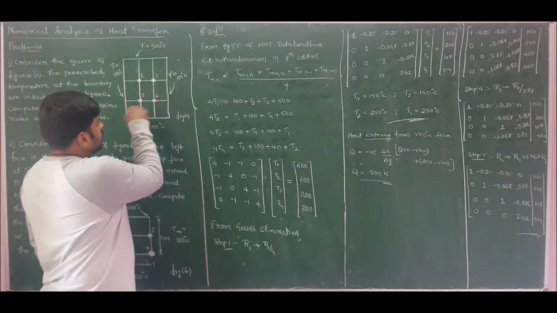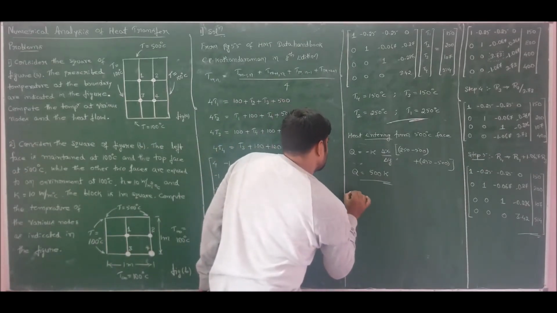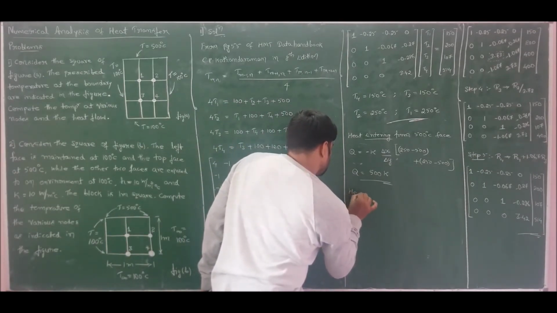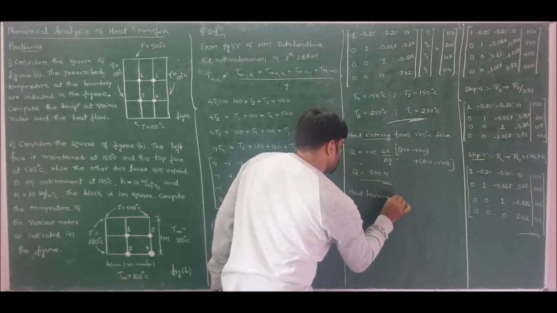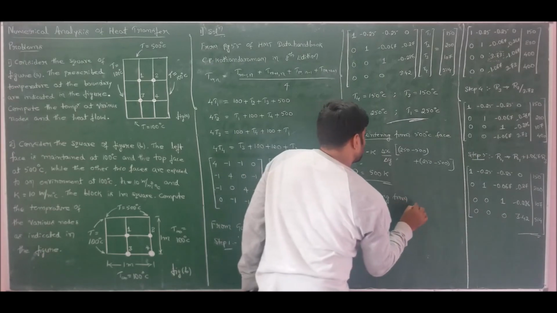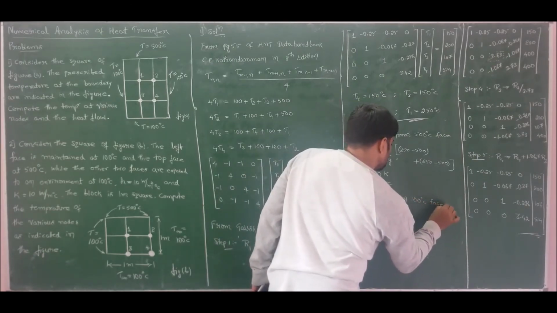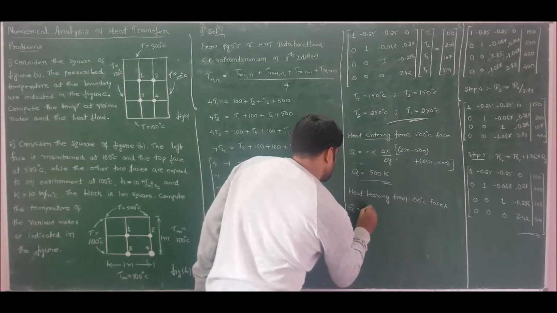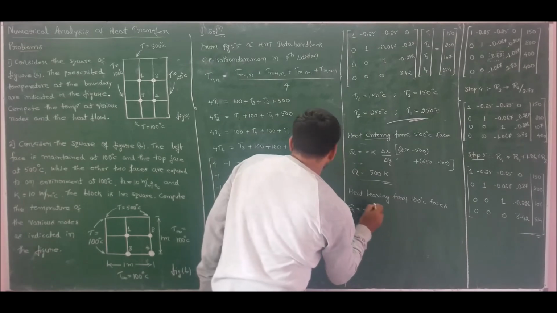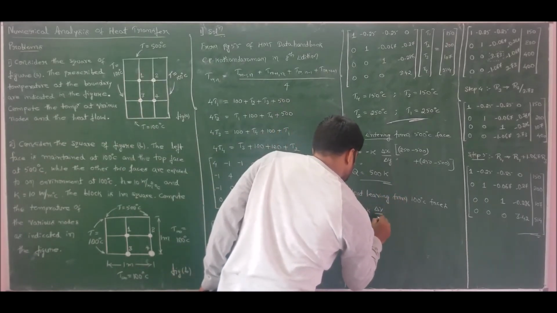Now heat is leaving from all the three faces. Let us check whether the heat balance is happening or not. Heat leaving from the 100 degrees Celsius faces is computed as minus K, it is leaving in the delta y direction over the length delta x.